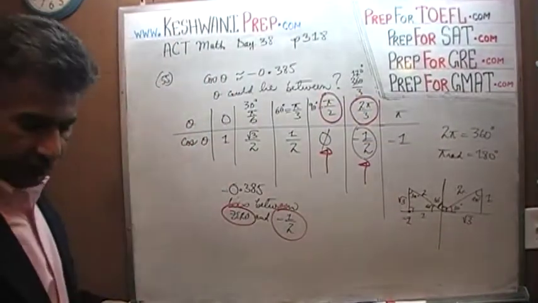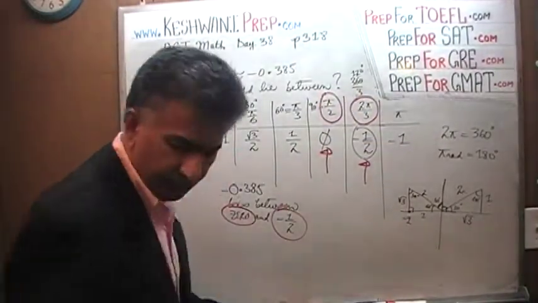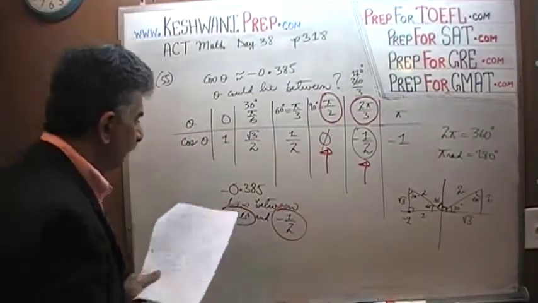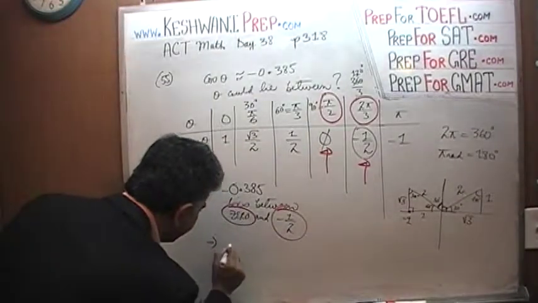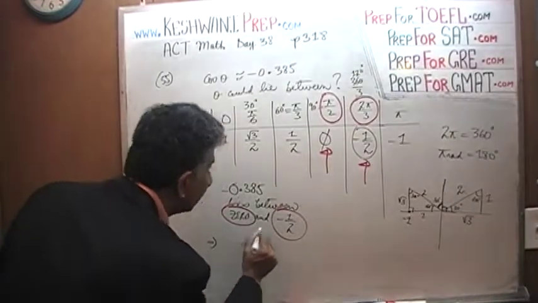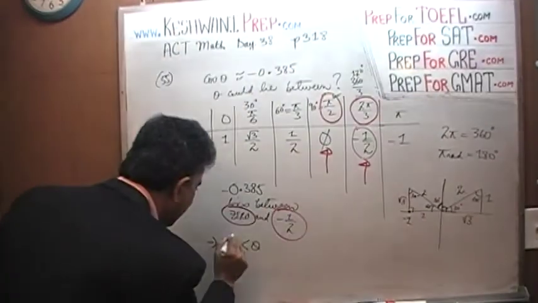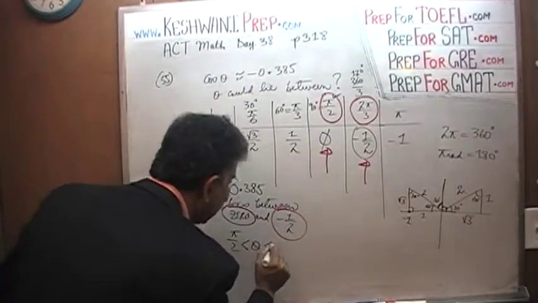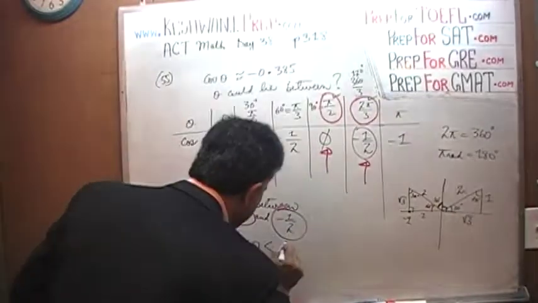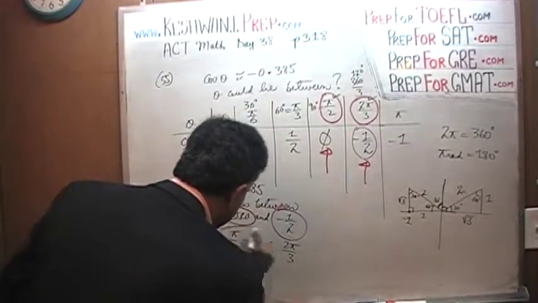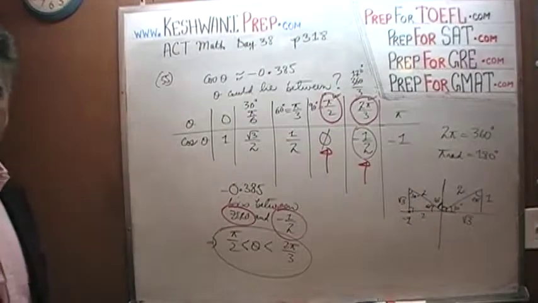That's it. This implies that the theta that we're dealing with has to lie between pi over 2 and 2 pi over 3. There's the answer.